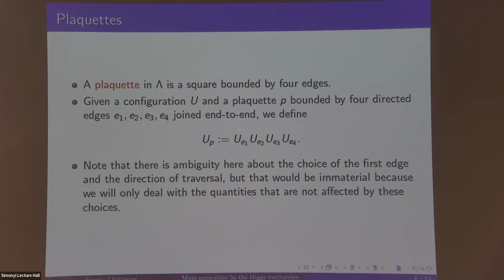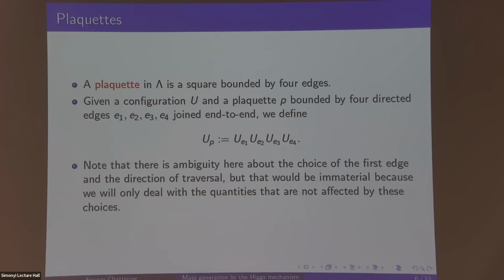These 2 things we have to choose when you define this, but this will not matter because we'll only deal with quantities that are not affected by these choices. So I'll just let this ambiguity remain. And given a configuration U, for each plaquette P, I define U_P like this product. Okay. Clear.